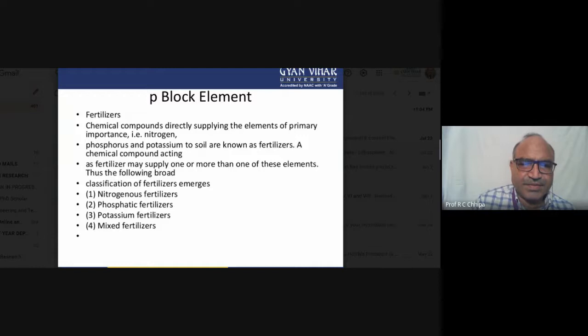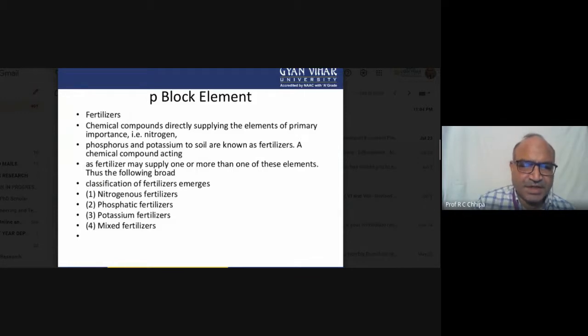A fertilizer may supply one or two or more of these elements, maybe nitrogen, potassium and sulfur, and potassium itself is an alkali metal, and the classification of the fertilizer.